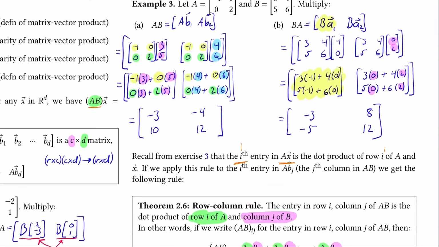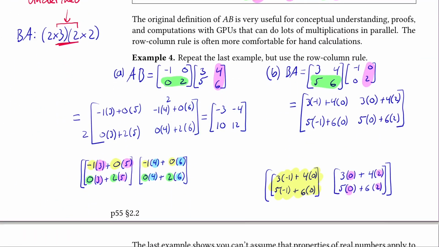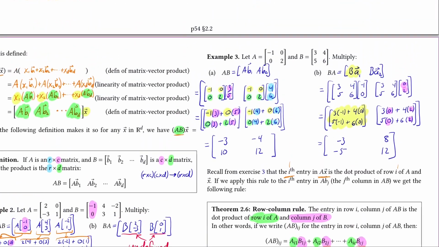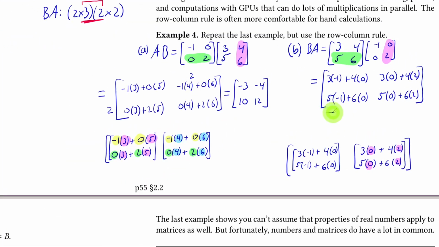And again, you can see that should be the same thing you get if you do it either one of these ways that we already did. Yeah, that looks the same. So it should still come out to be -3, -5, 8, 12.